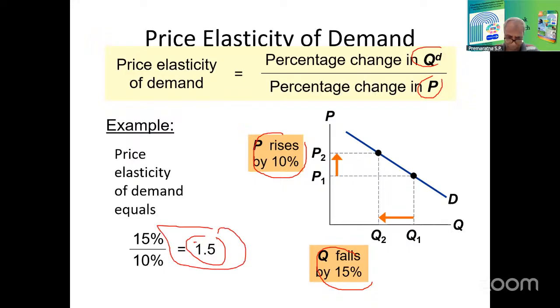How are you going to use it for policy making or managerial decision purposes? Like I mentioned, we saw that if the elasticity is greater than 1, if you increase price further, the result is a revenue decrease.